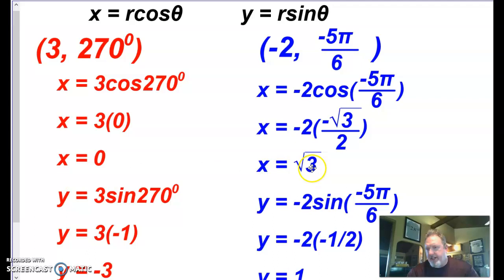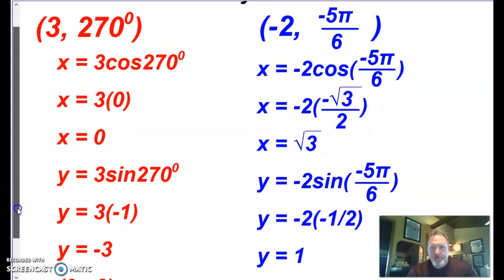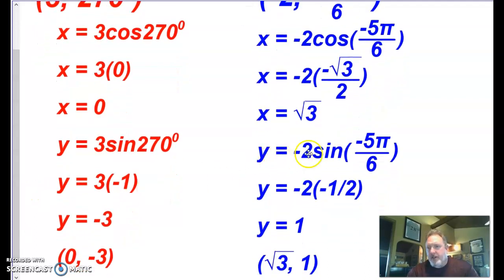If you said x was 1.71, we're good with that. Then the y value, -2 times the sine of this radian value. Sine of -5 pi over 6 is -1/2, so -2 times -1/2 is 1. So the rectangular coordinate for that polar point is square root of 3, 1, or in decimal, 1.71 and 1.